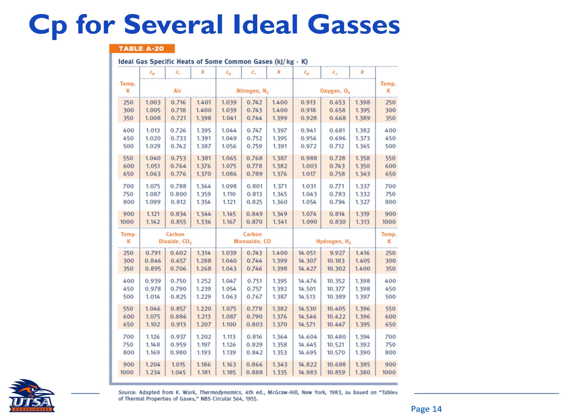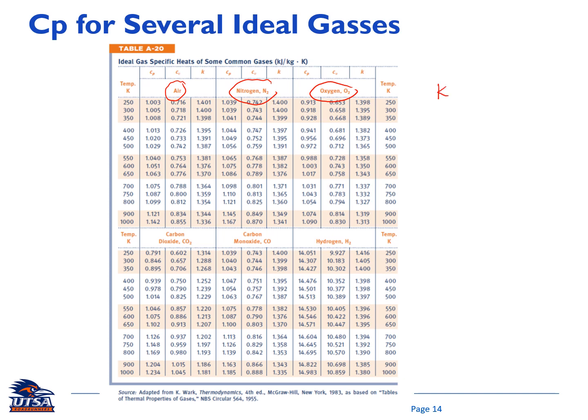So now go to table A20. In table A20, you will see Cp for several ideal gases. I made a screenshot here. We have Cp for air, nitrogen, and oxygen, and this is a function of temperature. We have Cp, we have Cv, and then we have k.